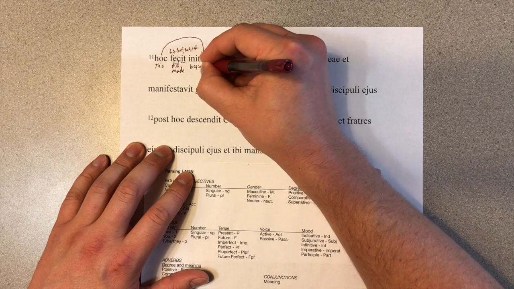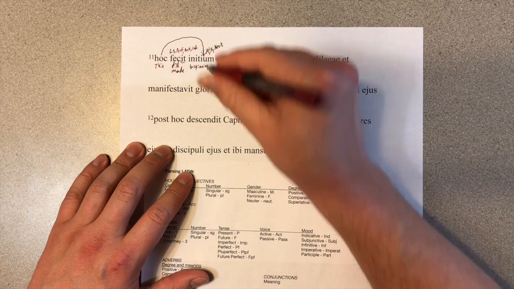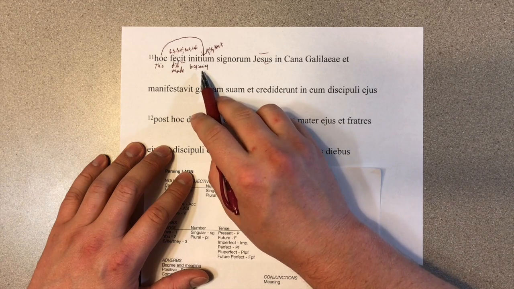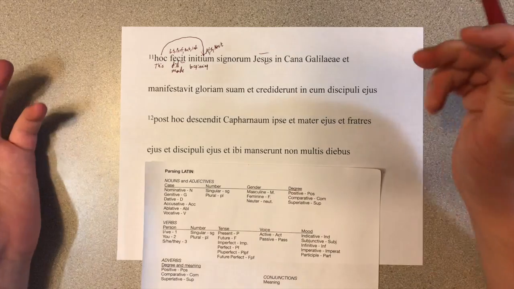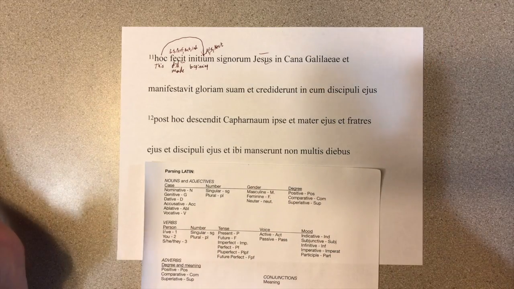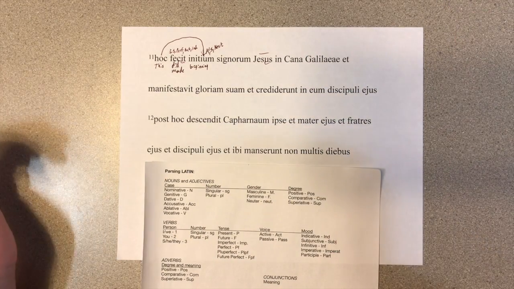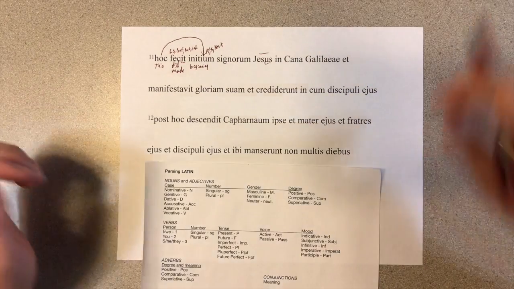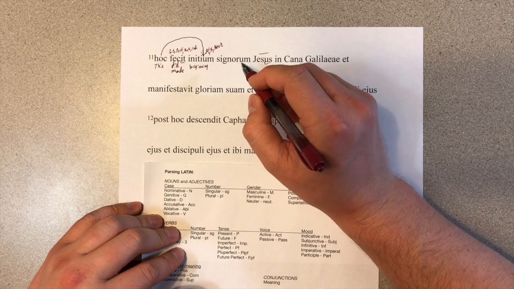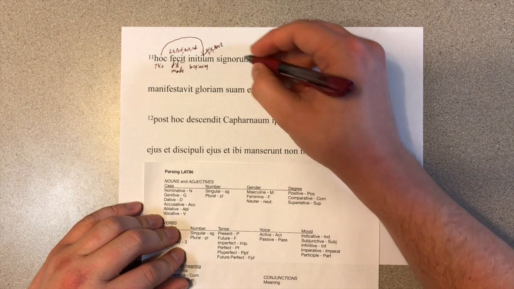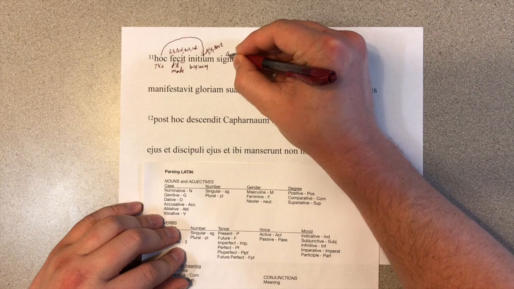Now, I believe most English translations translate the Greek here as first, but we can't do that because initium, at least as far as I understand it, does not really ever mean first. Let that go off over here. Signorum here has the omicron, O-R-U-M, which is a genitive plural form.